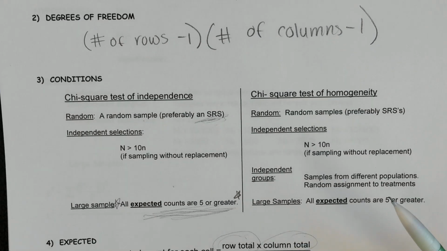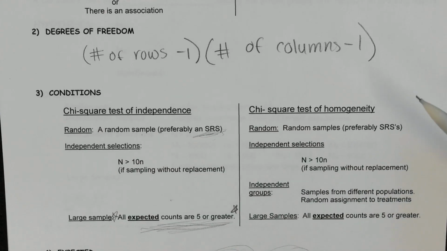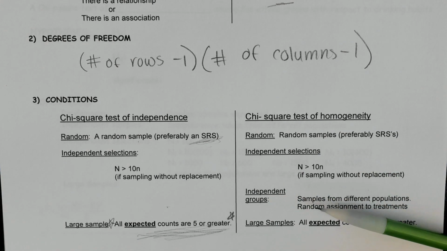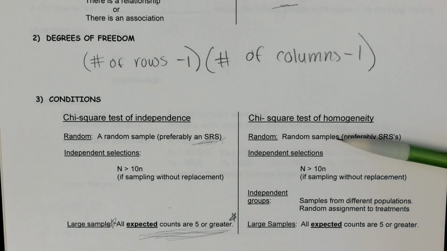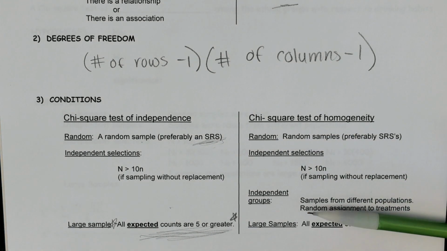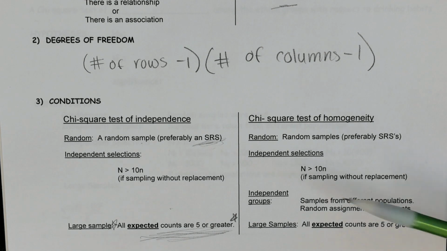Our conditions are a little bit different. We add this back in here because now not only do we need to check for randomness and for independent selections, but we also have to check for independent groups. Is one of our populations different from another? Hopefully they are. Like Northern High School is different than Huntingtown High School.